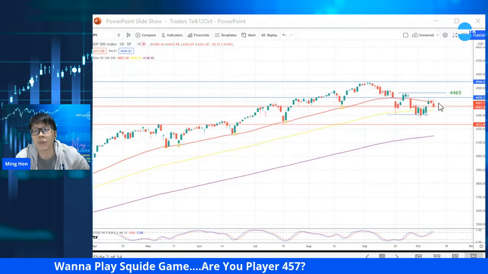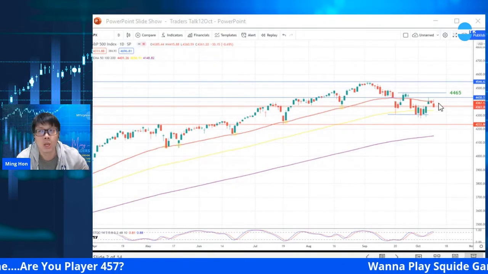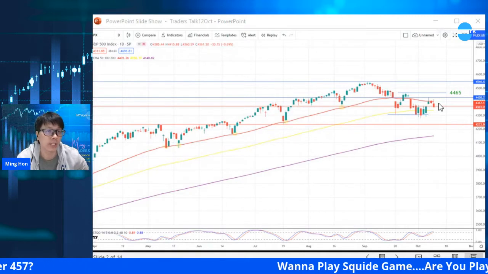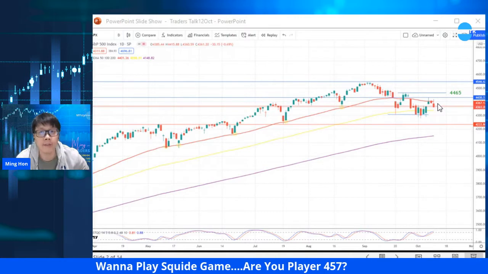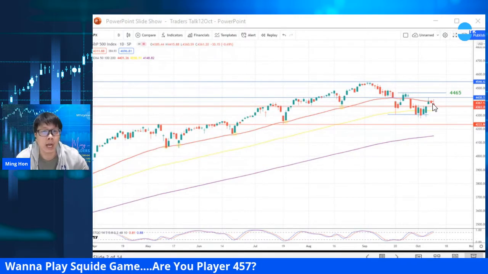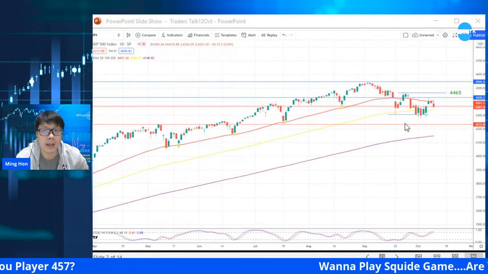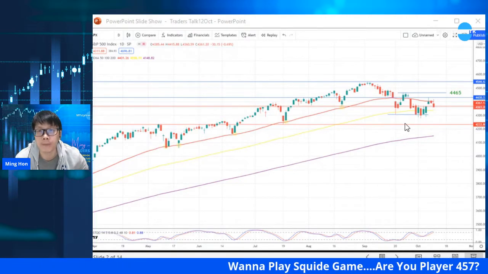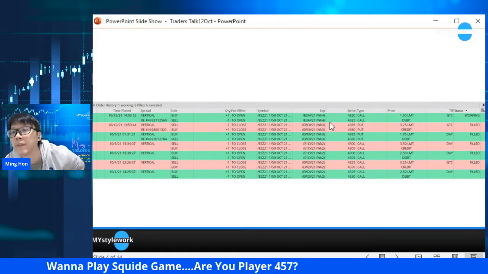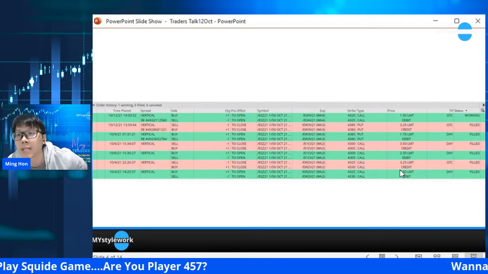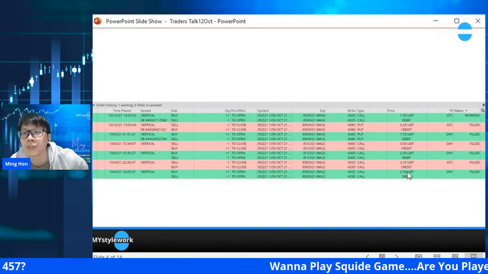So trading strategy wise, because of the volatility, I have started to move more towards neutral trades. These few days, I have been trading the ES futures, the E-mini S&P, and I can share some results with you. These are some of the trades I have done in the past few days, about three trades.